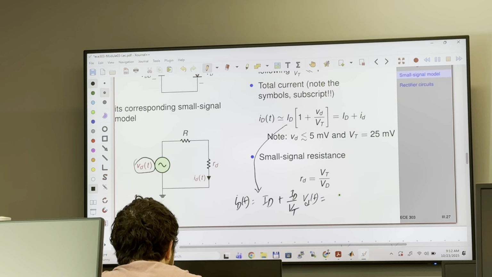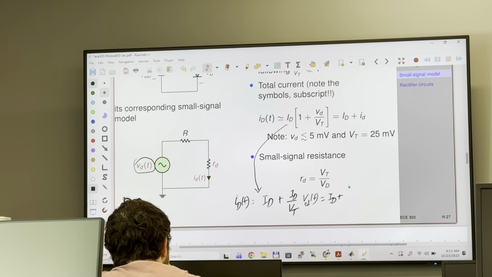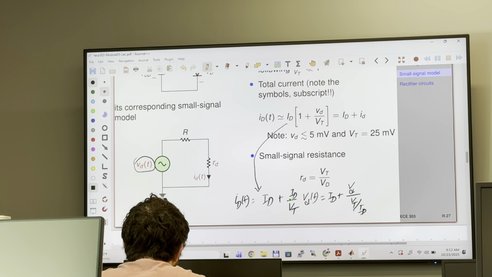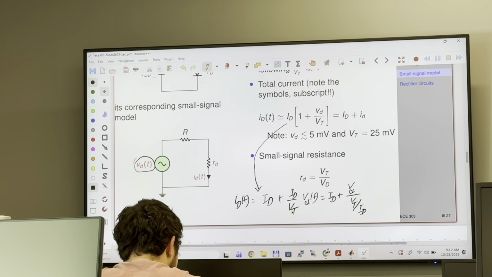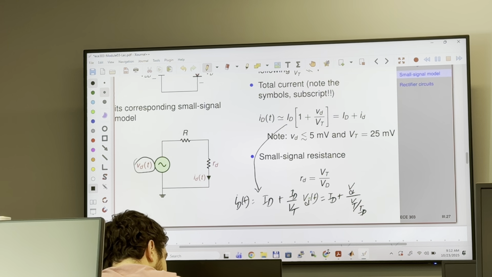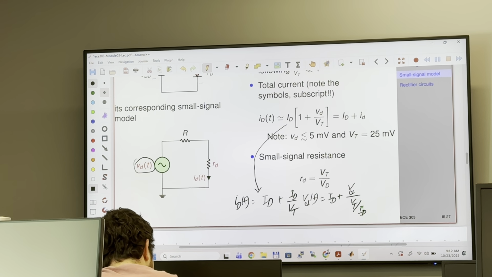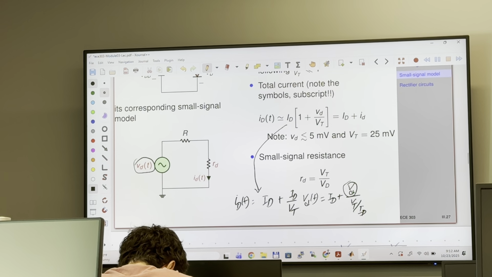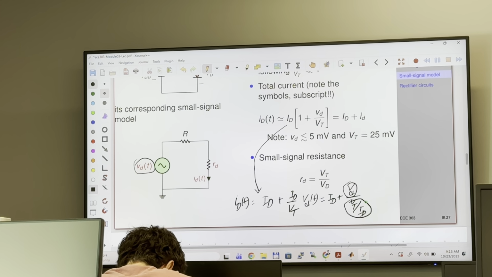What we can do is write I_D, which is the DC current, plus v_d over V_T over I_D. We can write it to get the same expression, right? To get I_D over V_T, we can write v_d over V_T over I_D. So we get the same thing. The reason I said that is this is voltage, and you can think of this as resistance.